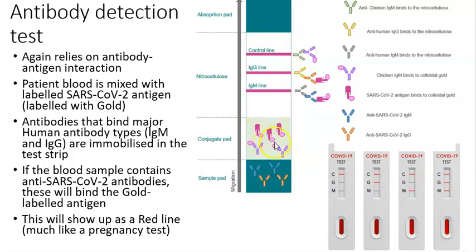If you don't have antibodies to this, this will just carry on floating off up the test strip, and it will not bind here or here. Whereas if you've got IgG that will recognise the SARS-CoV-2 protein, it will get captured by this antibody here. You'll get a positive line here. If you've got anti-SARS-CoV-2 IgM, you will get a positive line here, and if you've got both, all three lines will show up. So just like on a pregnancy test kit.